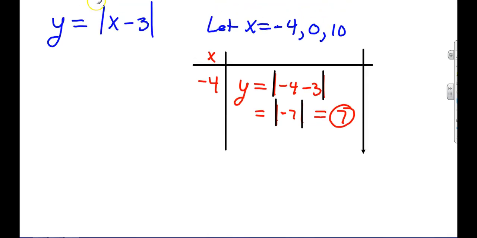Okay, and then the ordered pair at the end, that would put you at -4, -7. Oh, sorry, +7. Fix that real quick.